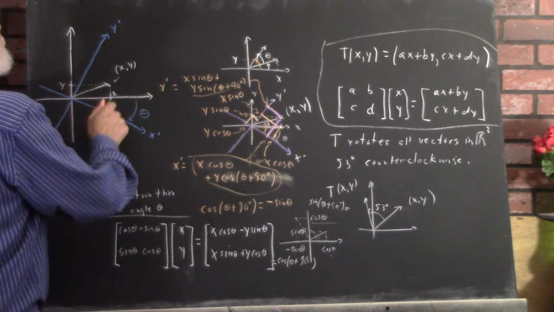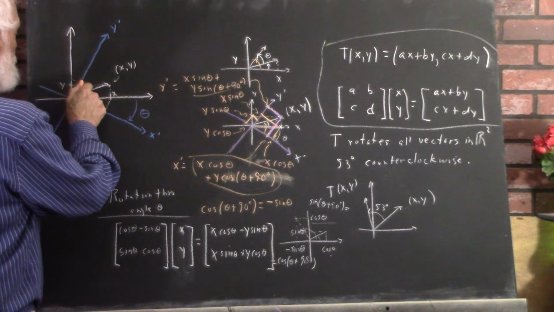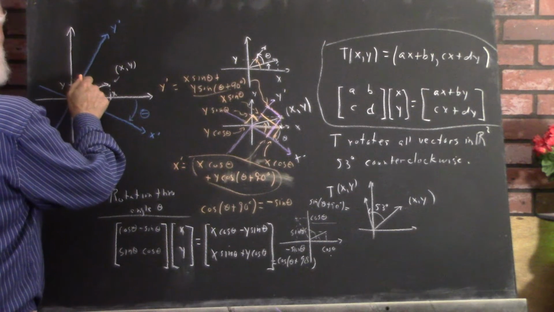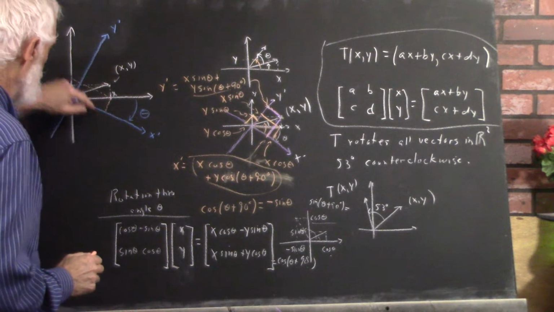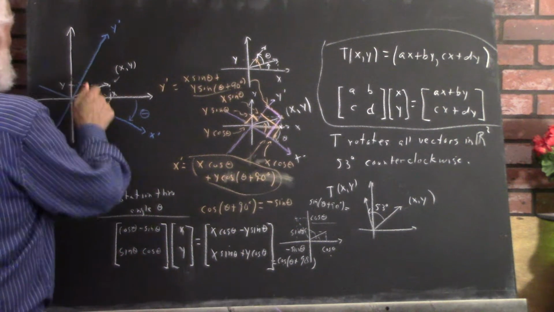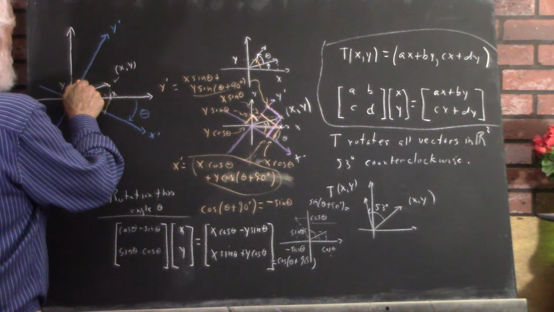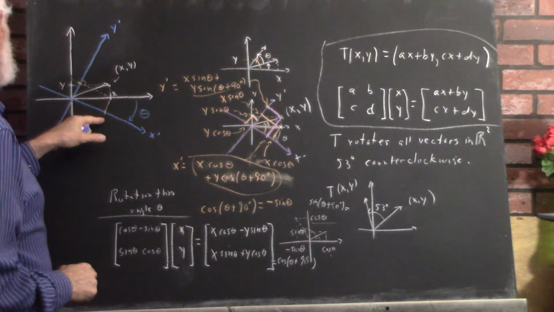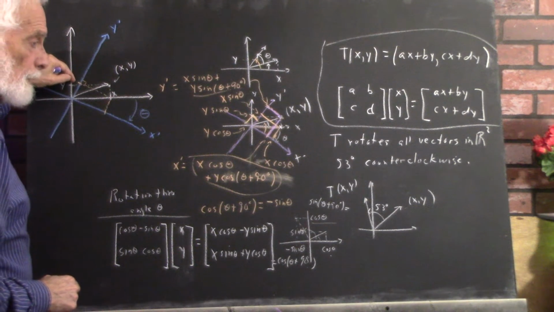Well, let's project the x-coordinate here onto the x-axis, and then onto the y-axis. I say y-axis, I mean project it onto the x-prime axis and onto the y-prime axis. Now we're going to get a point here and a point here. So what's the x-prime coordinate of this point, and what's its y-prime coordinate?